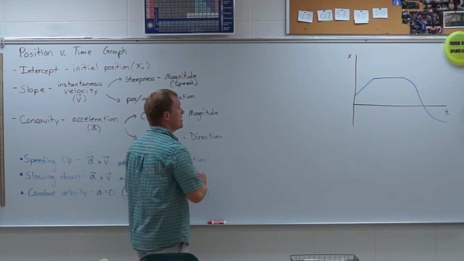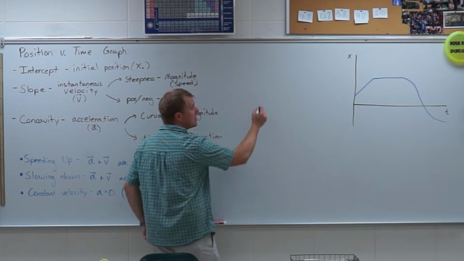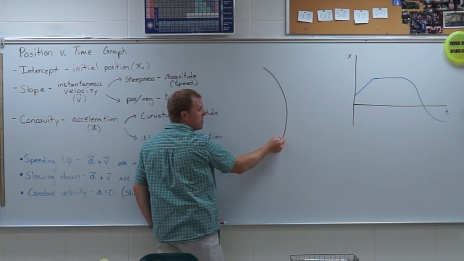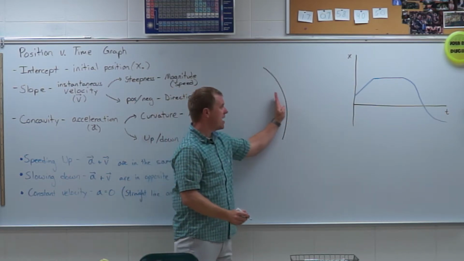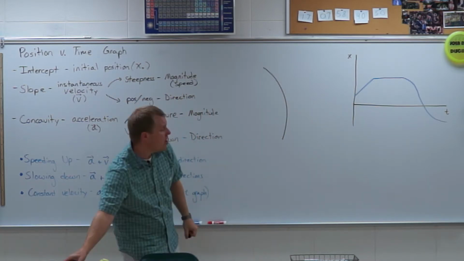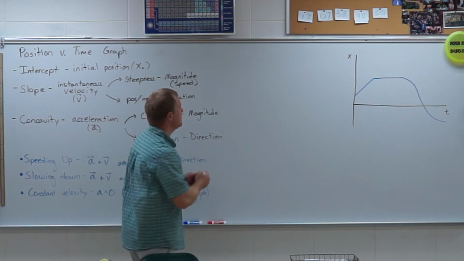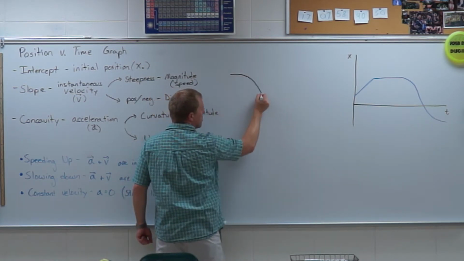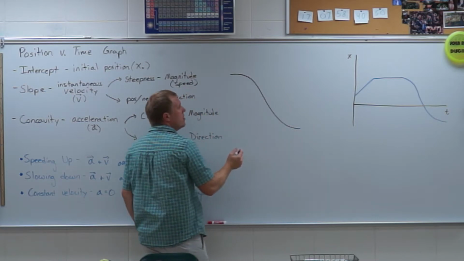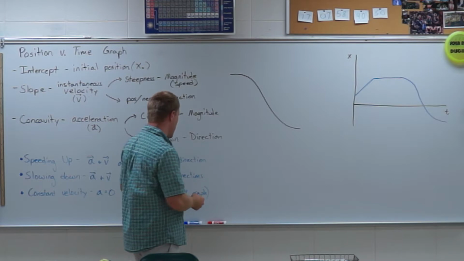Concavity is a little different. So we can remember back that if I have something that is like this, one side is concave, the other side is convex. So when I'm talking about a curve on a position versus time graph, maybe my curve looks like this. I can look at it and I can say, okay, which side is concave?